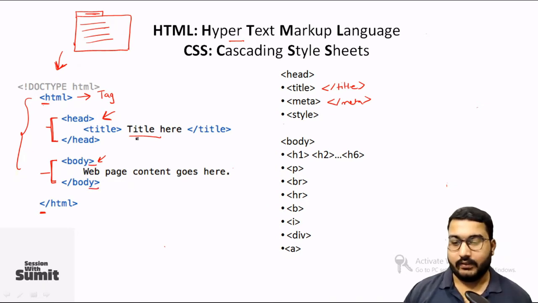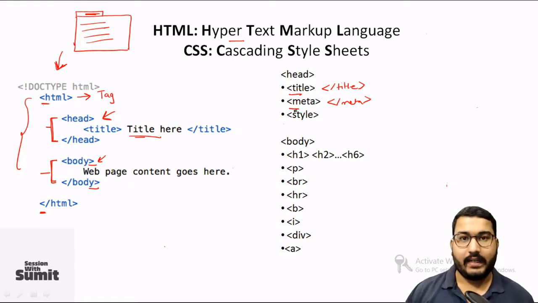And this title, I have already told you, is the title. Then within this head tag you also have some more tags like title. You have the meta tag. Meta tag is used for adding some meta information. And the style tag, here we use the style tag to add the CSS information.